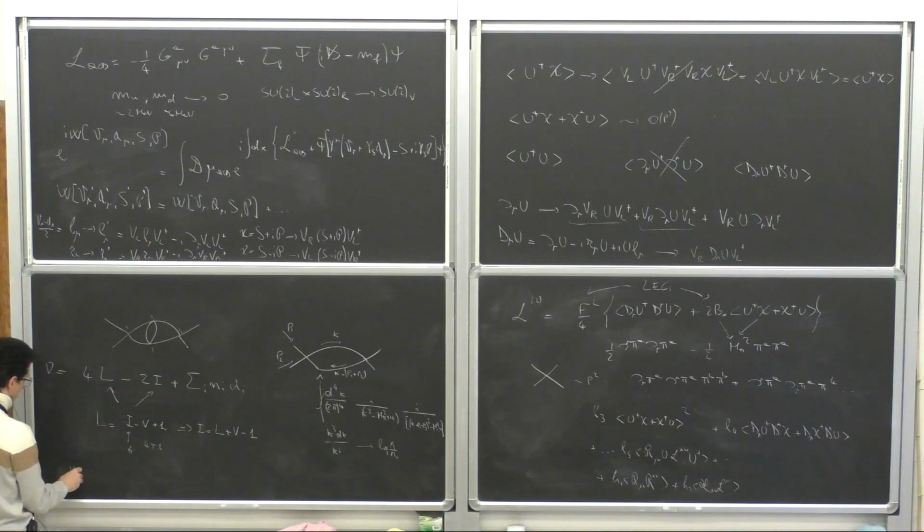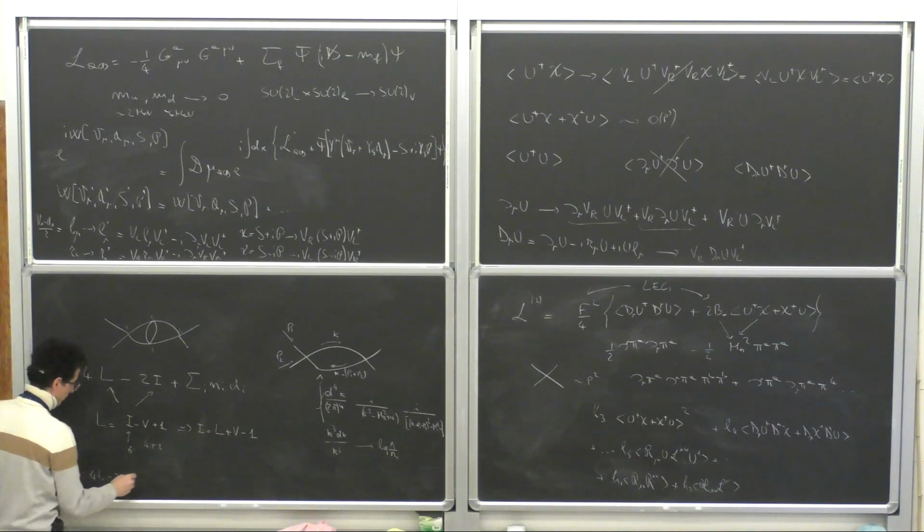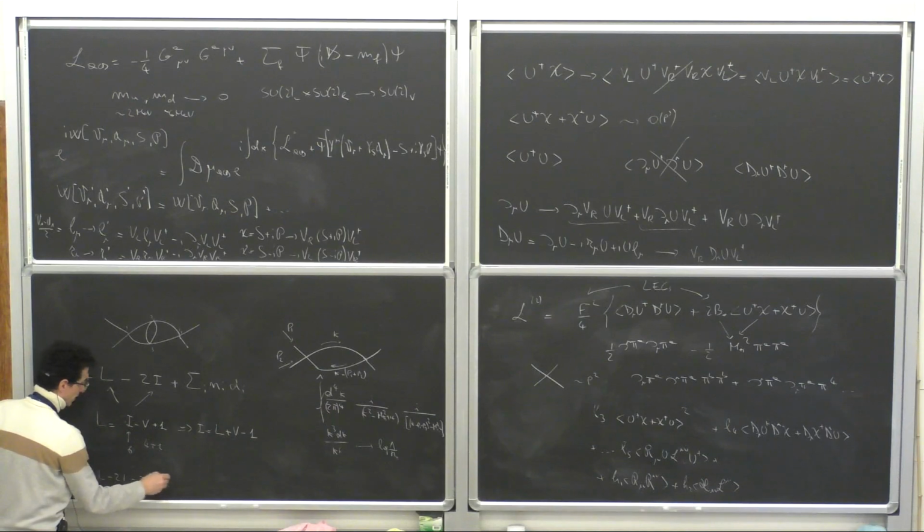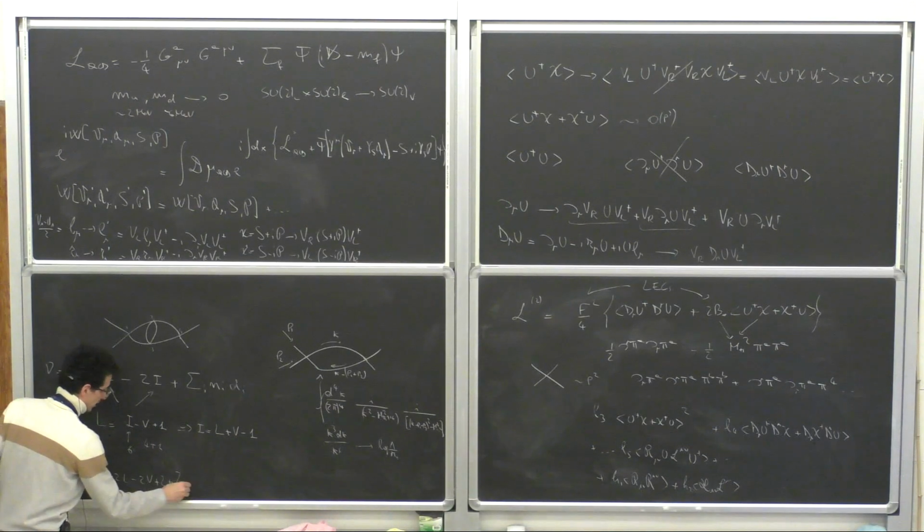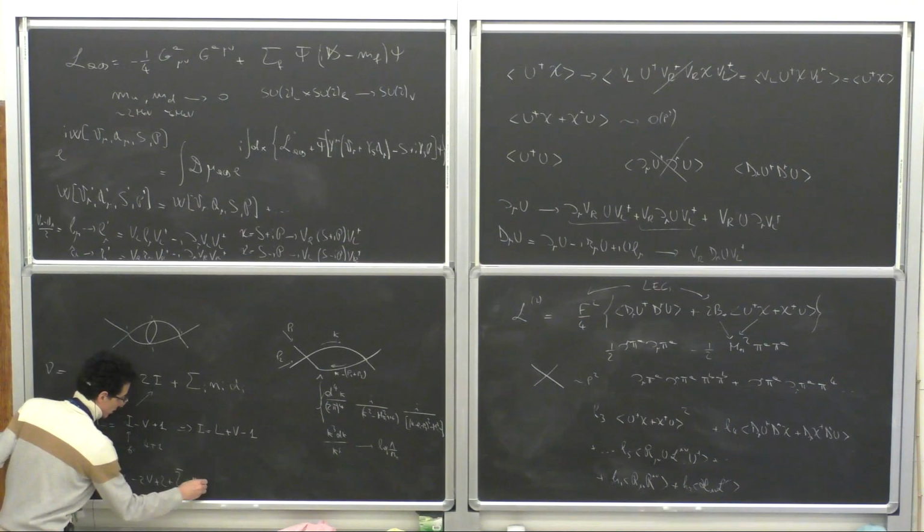So this chiral power nu is equal to 4 times L minus twice L minus twice V plus 2 plus this sum over all the vertices.